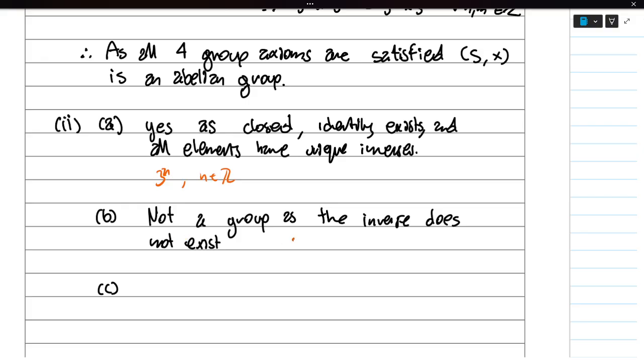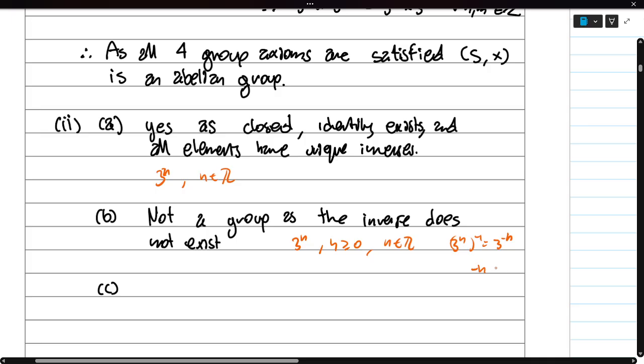For the next part, 3 to the n where n is greater than or equal to 0, n is an integer. Now, the inverse of 3 to the n is 3 to the minus n. Minus n is not part of this, it is less than 0, which means it does not exist.